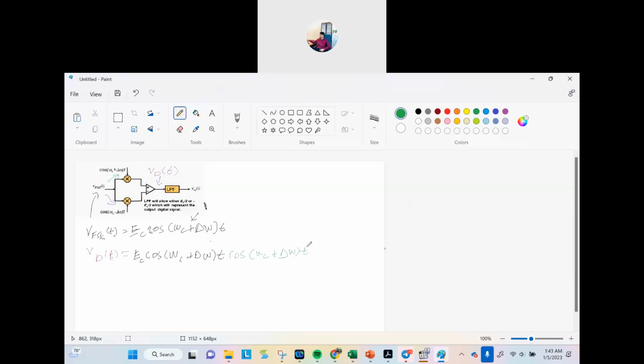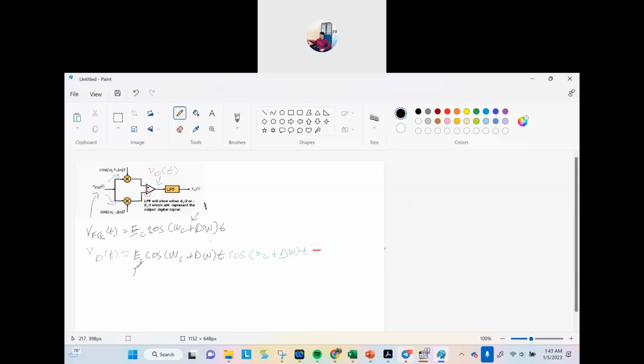Then it will be minus, because the next one is minus, as you see here. Then we continue below because there is no space.